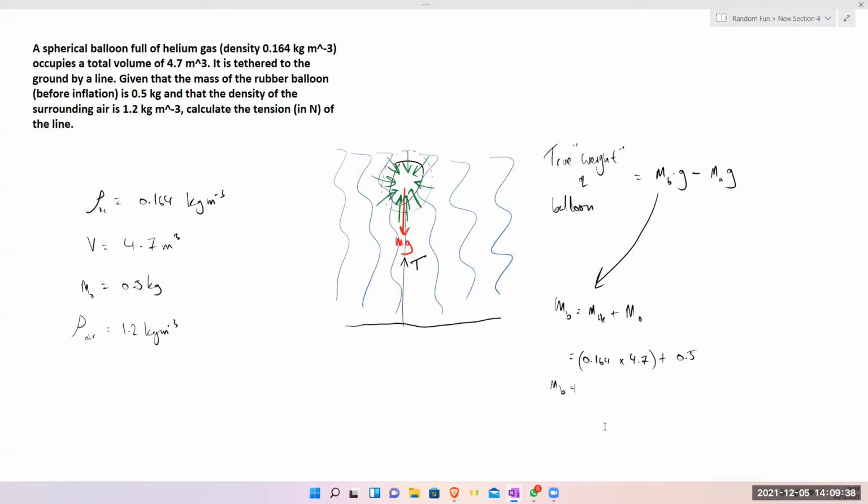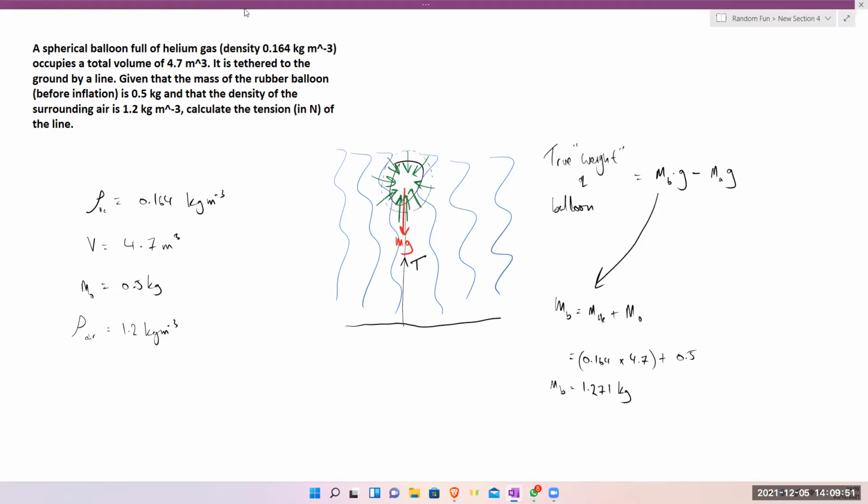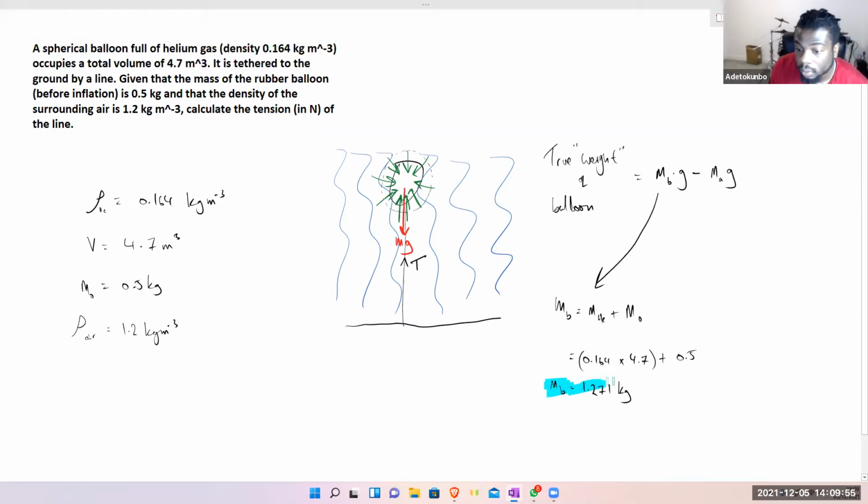So it is 1.2708. 1.271 to three decimal places, kilograms. Okay. So this is the mass of the balloon so far.